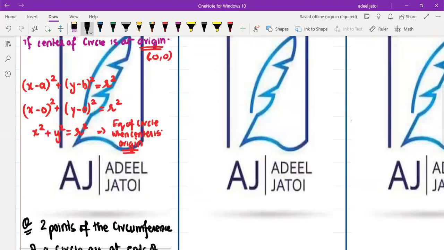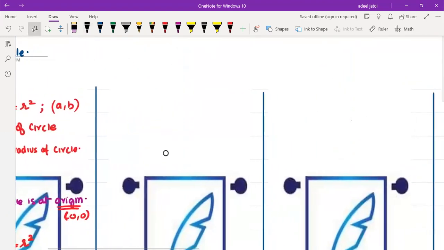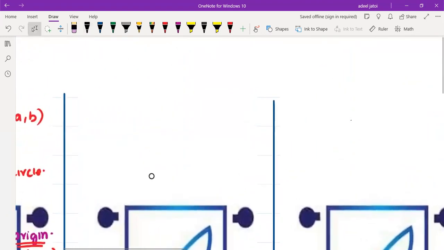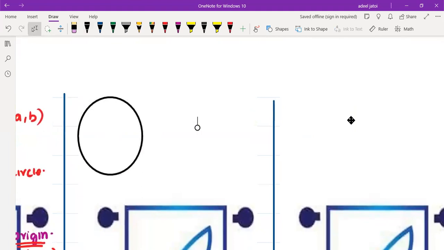So considering that we have a circle, and in that circle there is a center as well, and we have (−4, 9) and let's say (2, 3). So this is your A and this becomes your B coordinate.